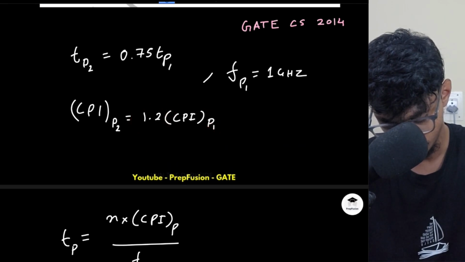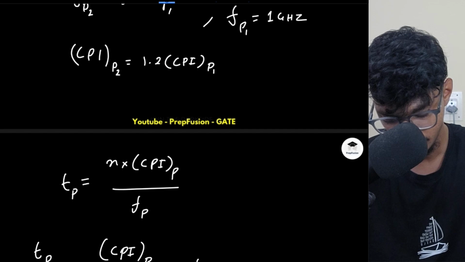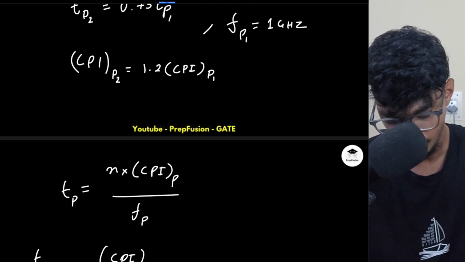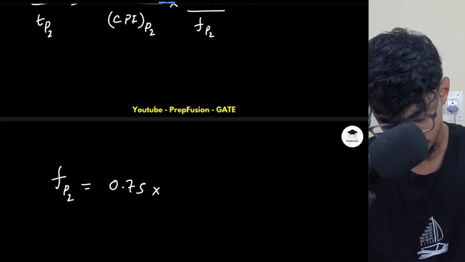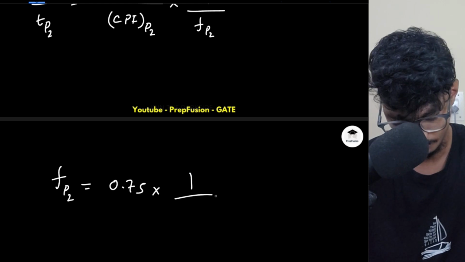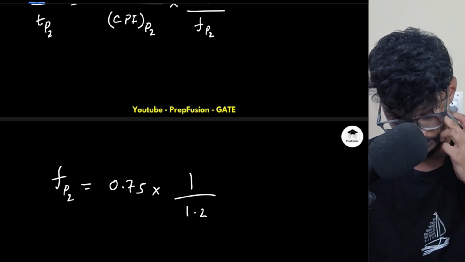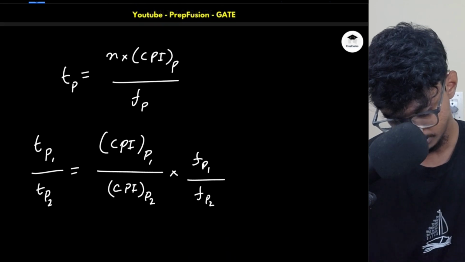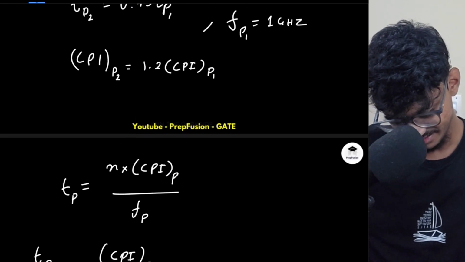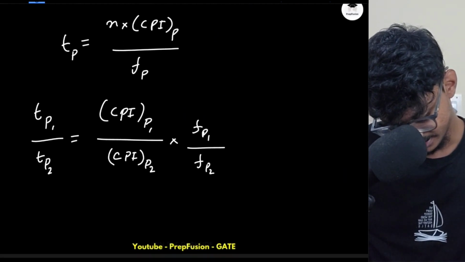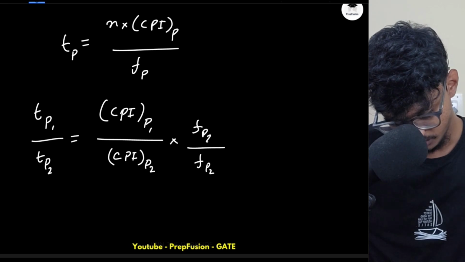Sorry, CP1 by CP2 is 1.2, right? Okay, I think I have made a mistake, because FP1 will be here. This will be FP2 by FP1.